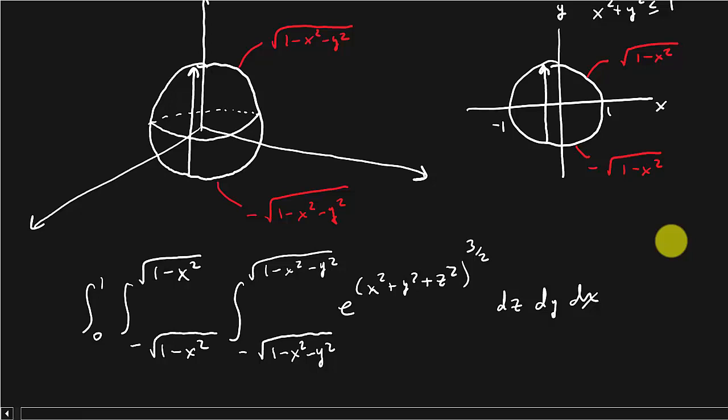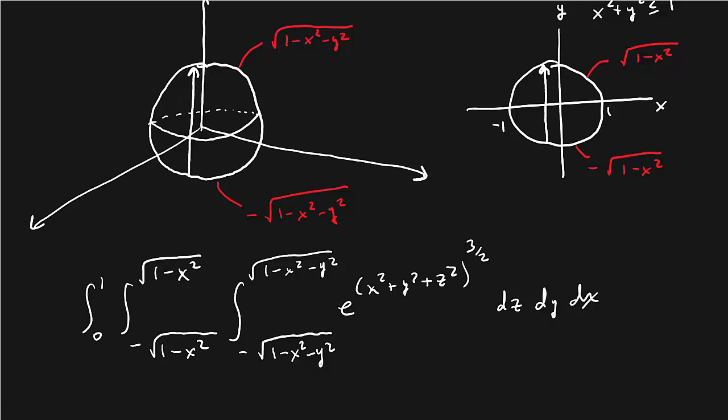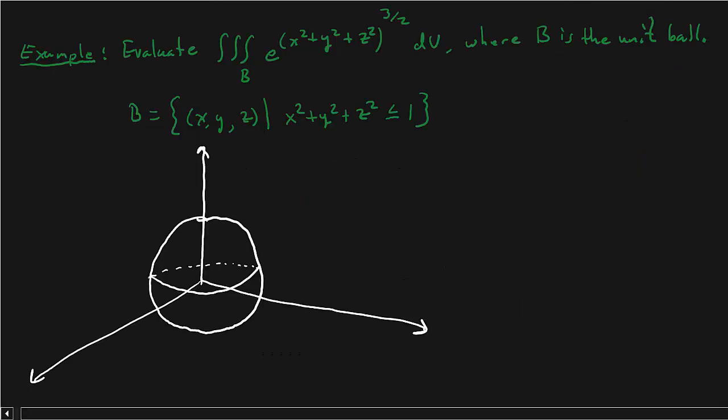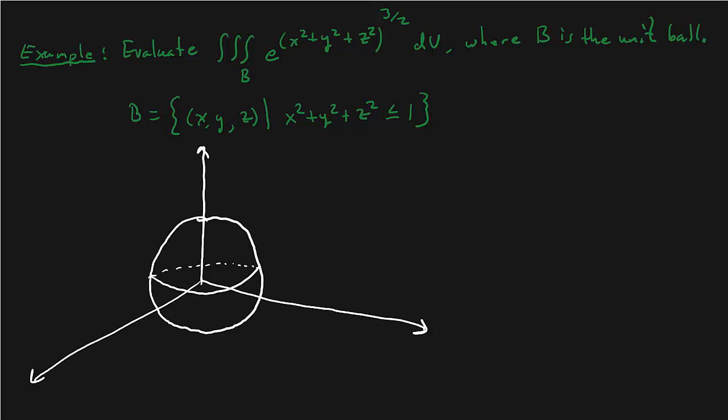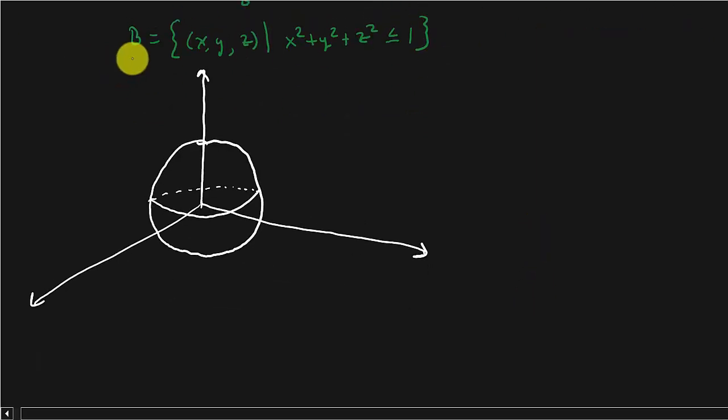Now I'm going to erase all this and we're going to set it up in spherical coordinates. It's going to make it a lot easier. All right, so I've got everything erased. So up here, B is the set of all x, y, z such that x squared plus y squared plus z squared is less than or equal to 1.